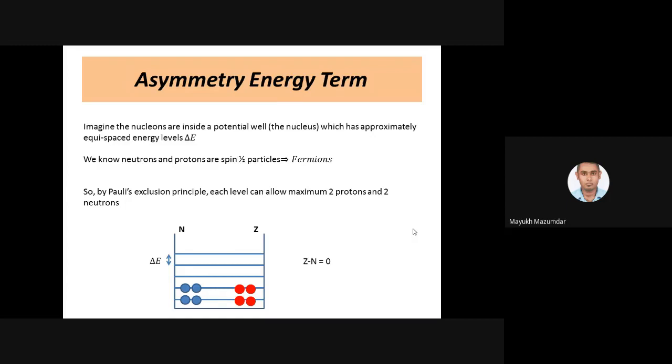Okay. Now the neutrons and protons are spin-half particles, they are fermions, and we definitely have to apply Pauli's exclusion principle, which does not allow us to put more than two protons or two neutrons, that is, not more than two fermions in an energy level. I hope you remember this one.